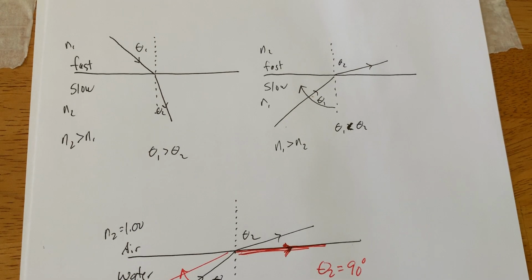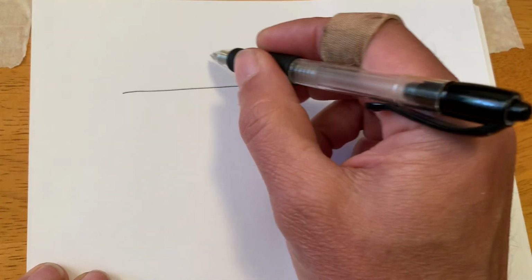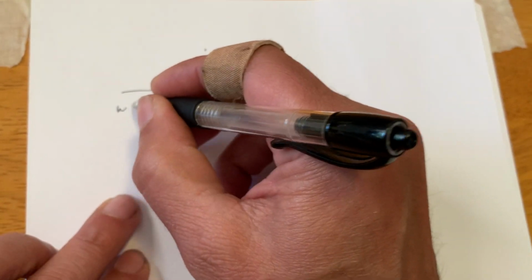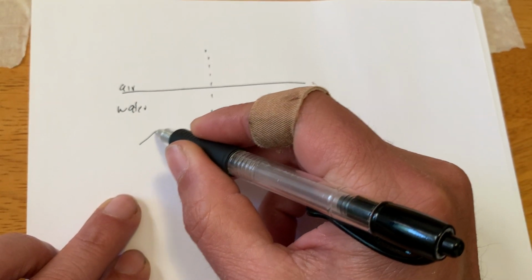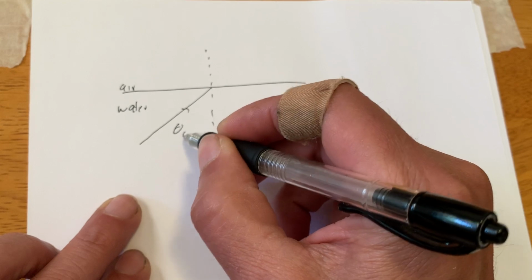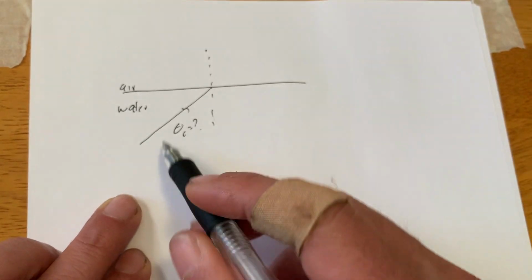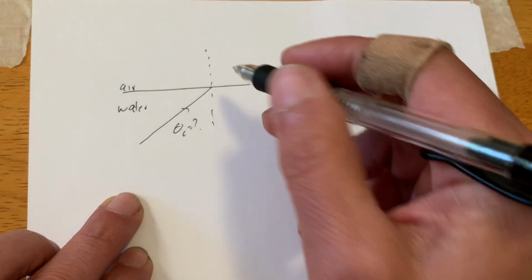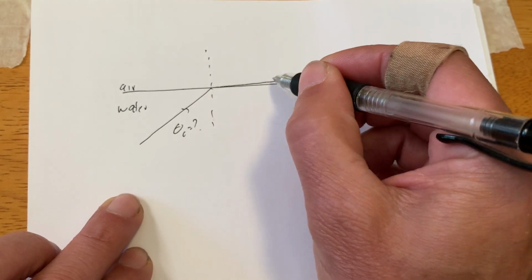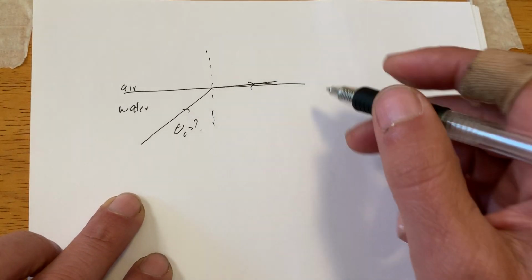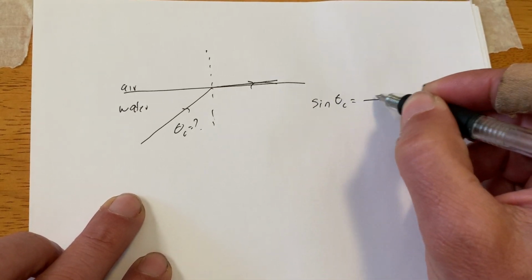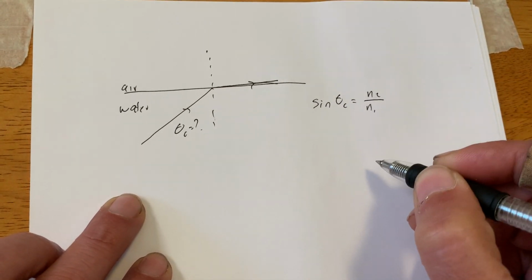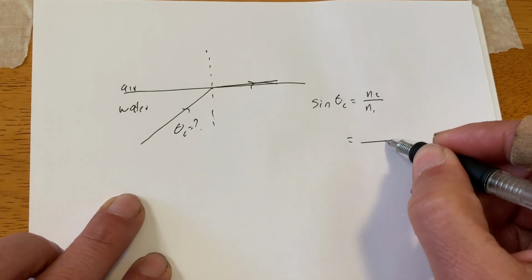Let's go to an actual case. Let's go back to the water, air case. And let's say, what is the critical angle? What angle, if I'm going from water to air, gets my refracted angle to refract at 90 degrees? So what did we say? Sine theta critical is equal to N2 over N1. So what do I have here?